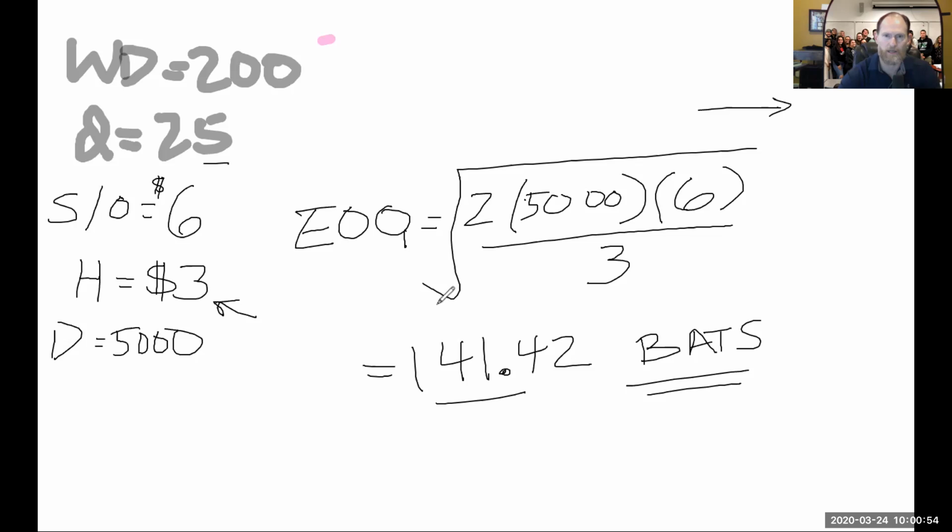And the reason for that is when things change. So if that 6 changes, if AJ's supplier changes that 6 to a 12, we know this whole thing is going to go up. If the warehouser drops the holding cost down to like 0.5, we know this whole thing is going to go down.